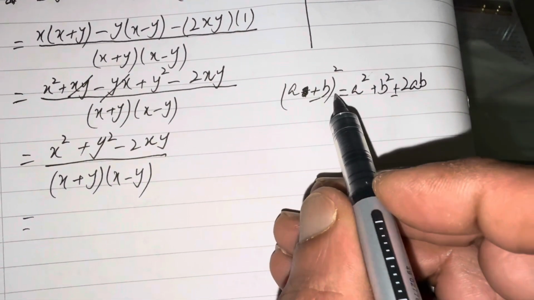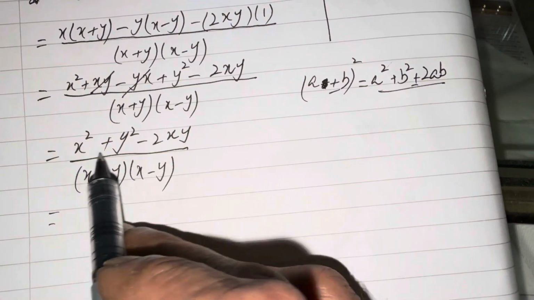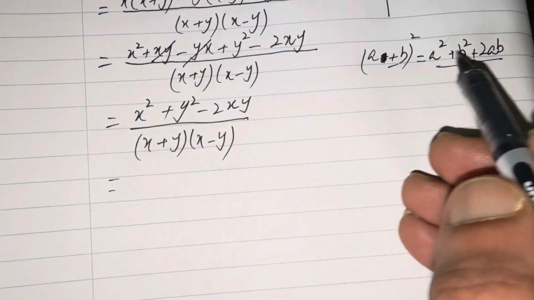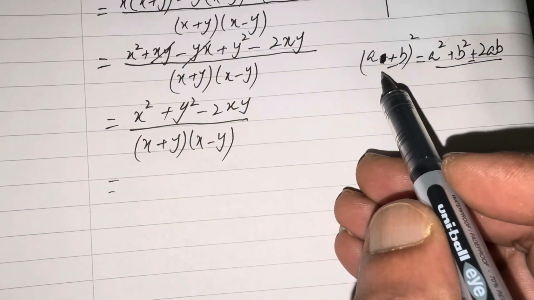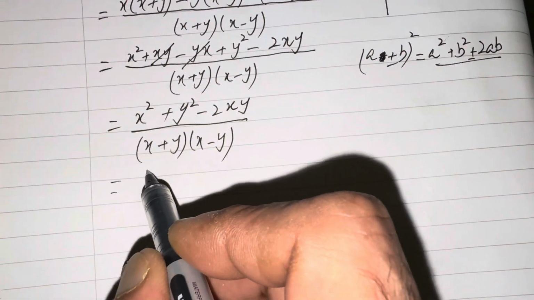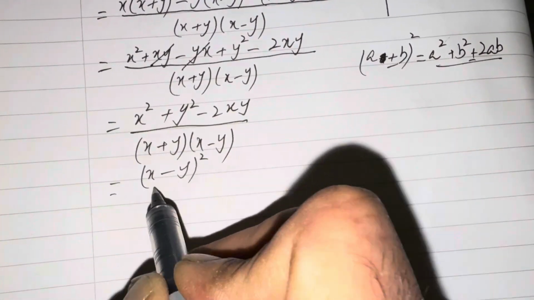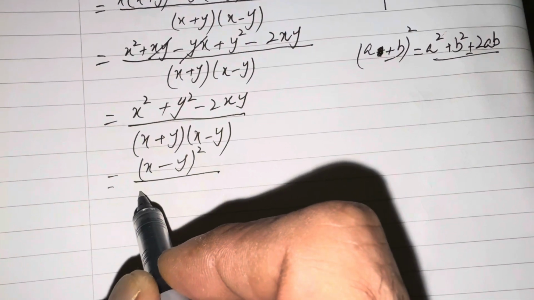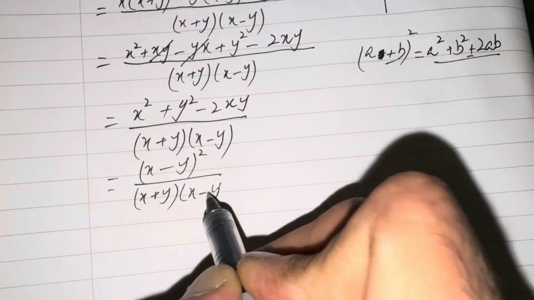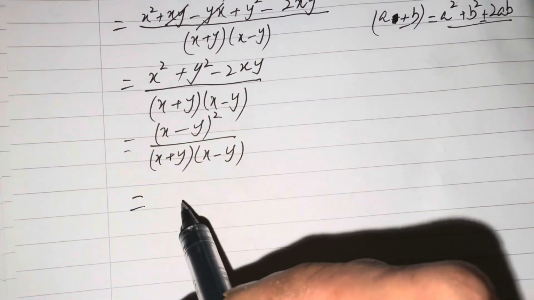So if you see, this expanded form seems to be like that with the variables x and y. इस expanded form को हम इस form में लिख लेंगे. So this expression can be written as x minus y whole square divided by x plus y into x minus y. So a little bit more simplification.